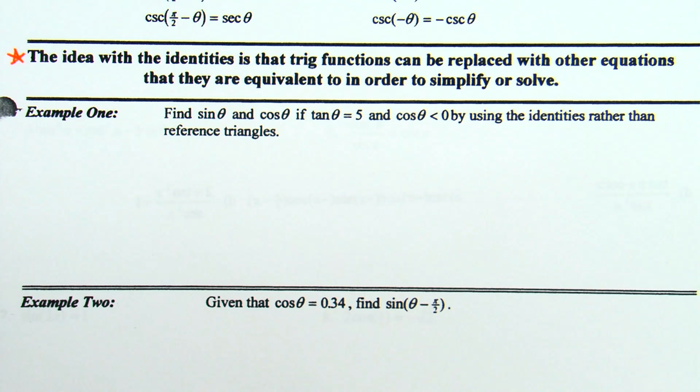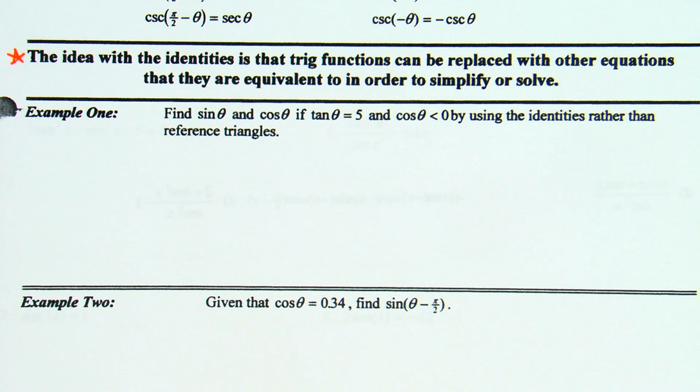They're asking us to find sine of theta and cosine of theta, and they're giving us 2 pieces of information: tangent of theta is equal to 5, and cosine of theta is less than 0. It says by using the identities rather than reference triangles.